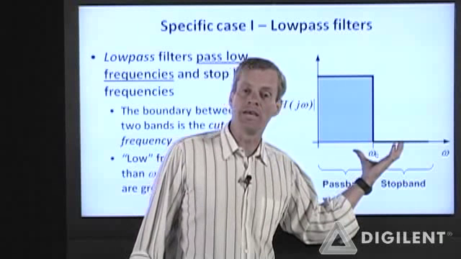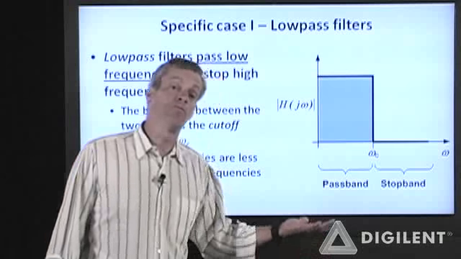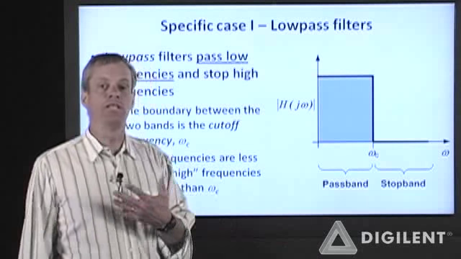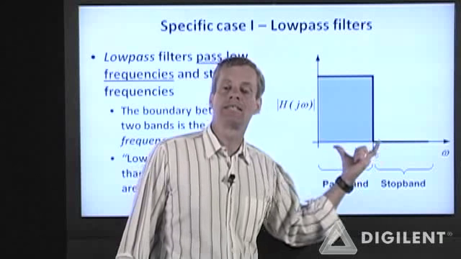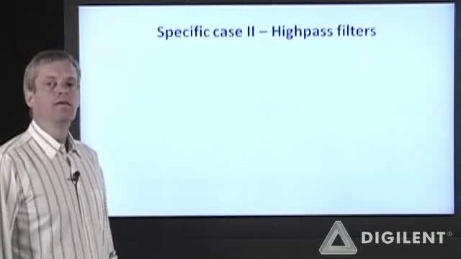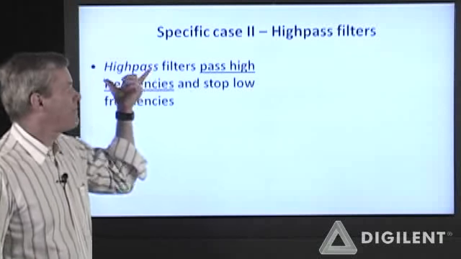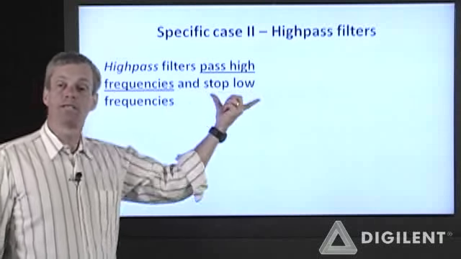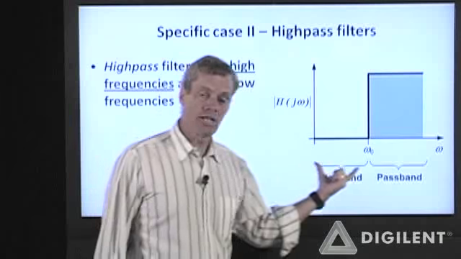In order to do this, I would need a circuit which responded to some input before I applied the input. It would need to be able to see into the future to do this. So this is idealized. Later on we'll talk about non-ideal filters. Now let's talk briefly about high-pass filters. As the name implies, high-pass filters pass high frequencies and stop low frequencies. Graphically, their amplitude response looks like this.